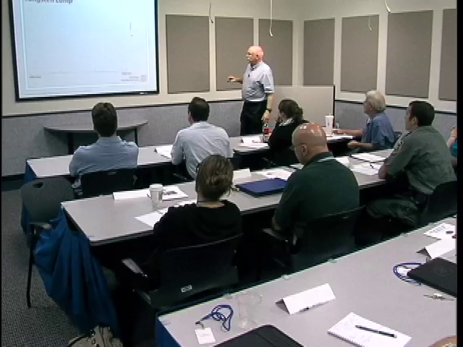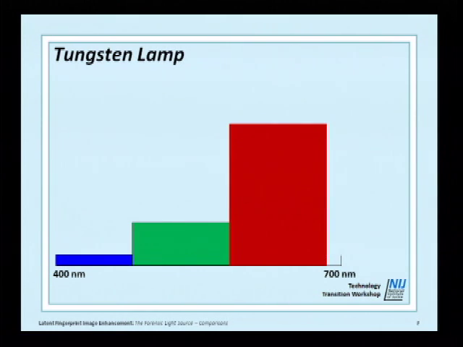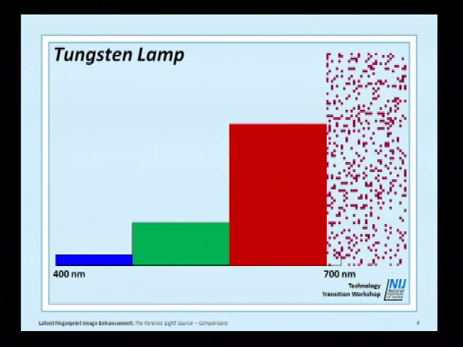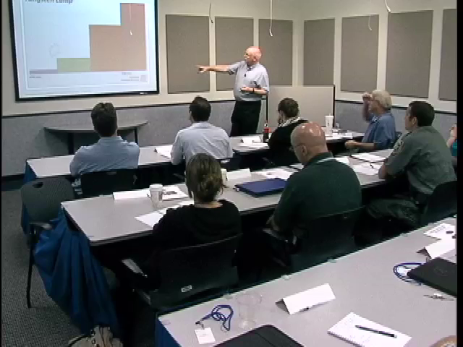So if we look at the tungsten lamp, we find it has a little bit of blue, more green, just a ton of red, and then right off the scale in terms of infrared. We want the light down in the blue-green region. You don't have to be Einstein to see that this is not the best choice.